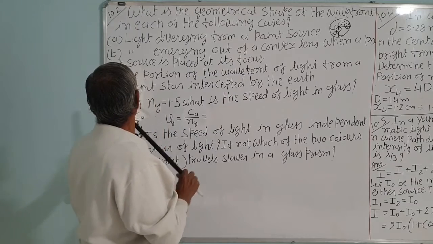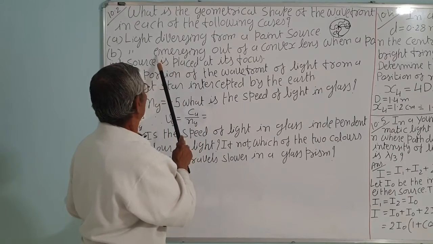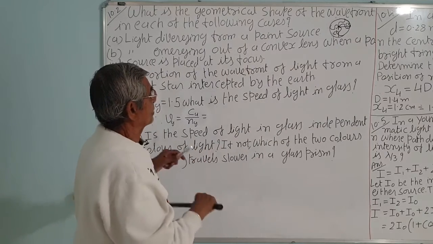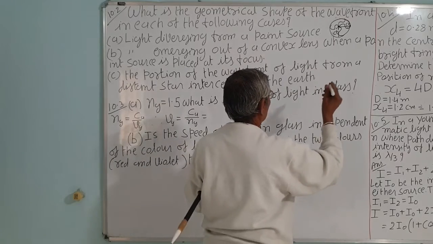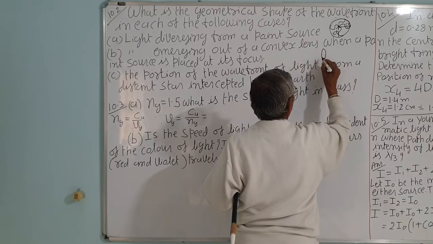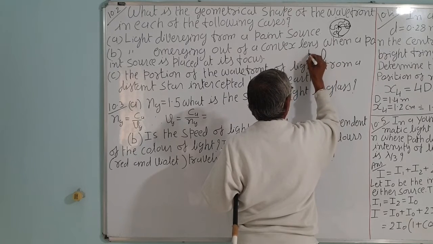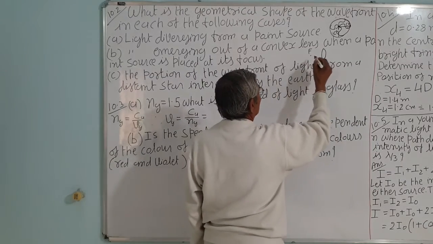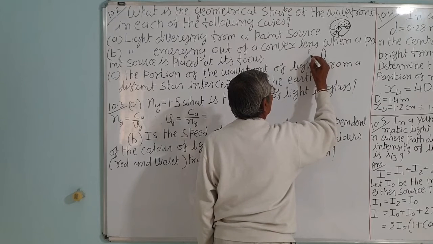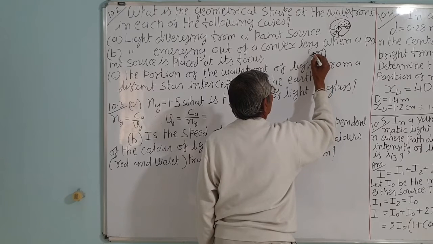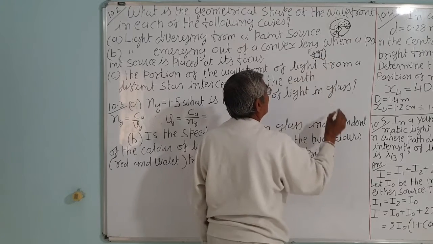Second, the light emerging out of a convex lens when a point source is placed at its focus. The point source is placed at its focus, suppose this is a convex lens and this is the point F. The rays coming from F, the principal focus, before the lens there will be spherical wavefronts, you can see, but this angle is 90 always.